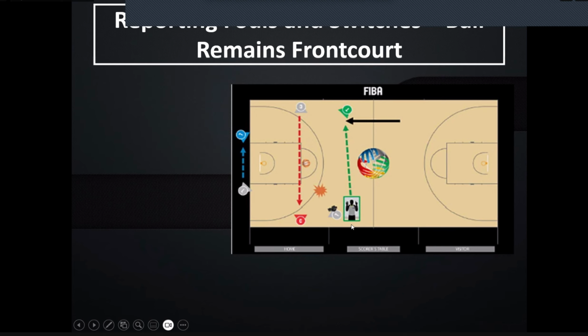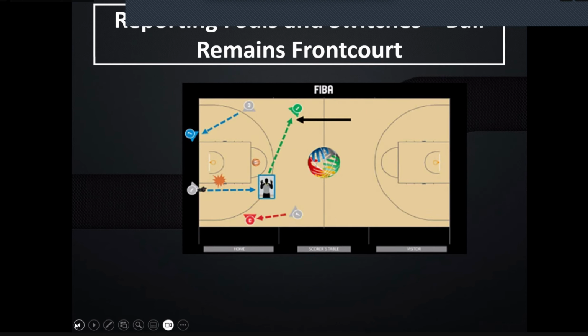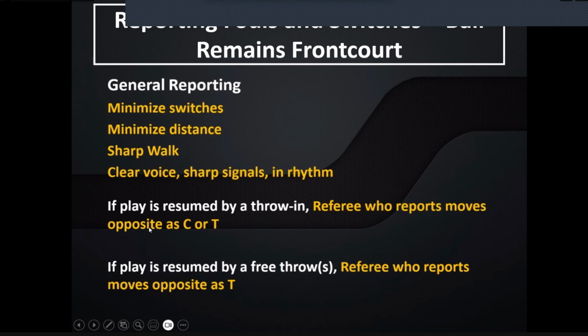Okay. So again, here, let's go back to our principles. If the play is resumed by a throw-in, the referee who calls and reports moves opposite to either center or trail. If the play is resumed by a free throw, the referee who calls is going to go opposite as trail.